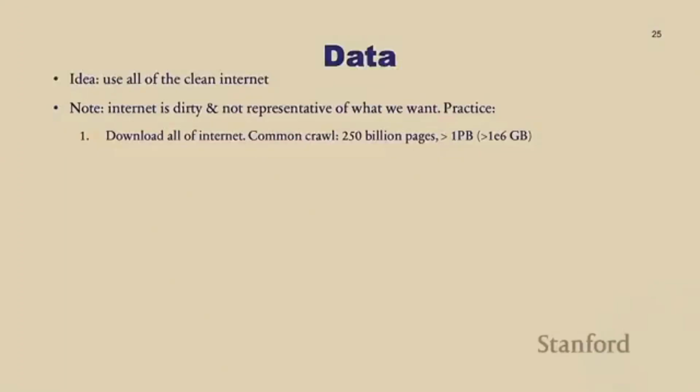People don't usually write their own web crawlers. They use standard ones, and Common Crawl is one of them that every month adds all the new websites that were found by Google and puts them in a big dataset. So on Common Crawl you have around 250 billion pages right now, so 1e6 gigabytes of data.